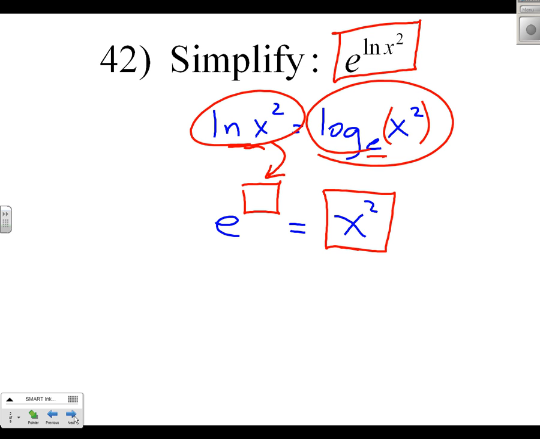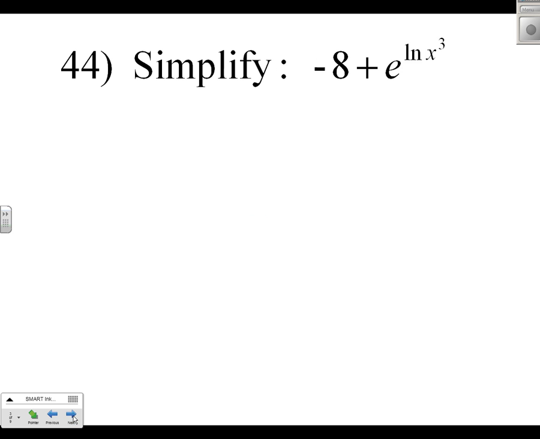These are inverse functions of one another. We start with x squared, we let ln do its thing, we put that on as an exponent on e, and we turn back into x squared. So once again, we have another asked question today. We have a case of ln x cubed, which is just log base e of x cubed, which means this thing is the exponent.